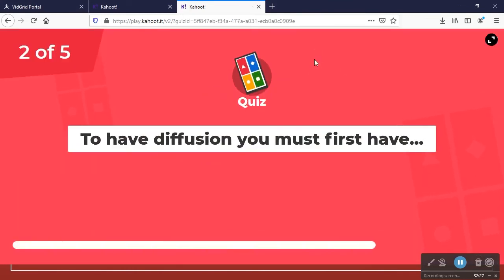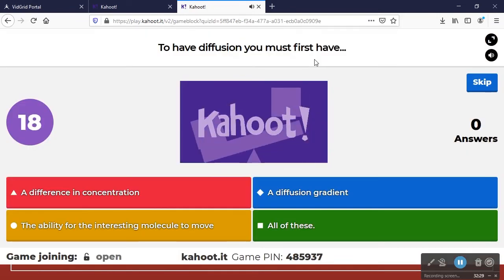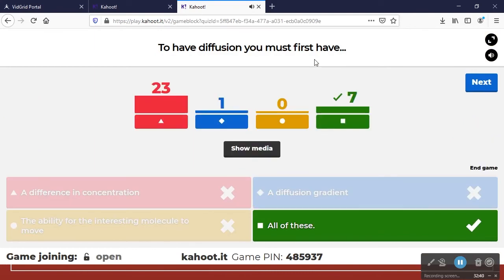To have diffusion, you must first have what? All right, do read all the answers. It's all of those. So yes, a difference in concentration is necessary for diffusion. That's what we call a diffusion gradient, a difference in concentration.